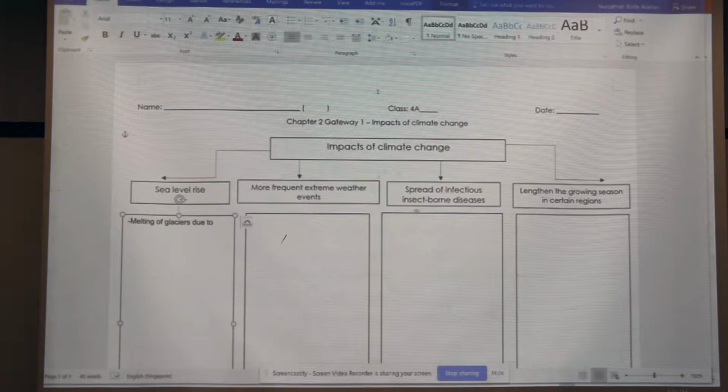What causes the glaciers to melt? Due to the high temperature, good. Due to high temperatures, this will cause an increase in the height of the sea surface, causing an increase in the sea level.